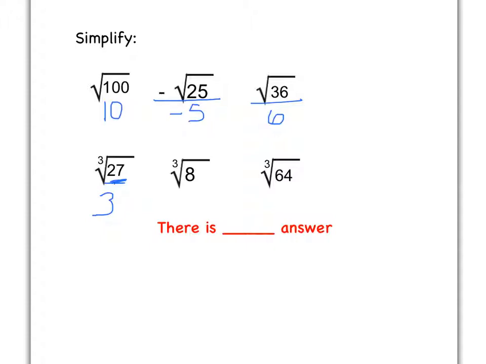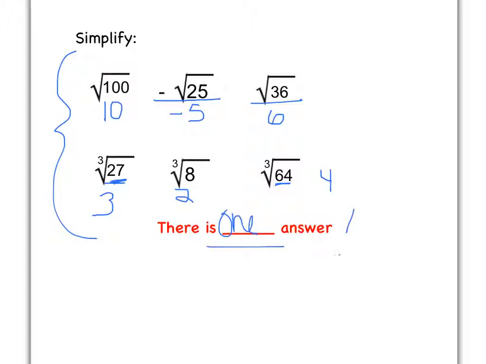The cube root of 8 is 2, because 2 times 2 times 2 is 8. And the cube root of 64 is 4, because 4 times 4 times 4 is 64. If we included negatives with these, negative 4 times negative 4 times negative 4 is a negative 64. That doesn't work. So for these types of problems, there's only one answer.